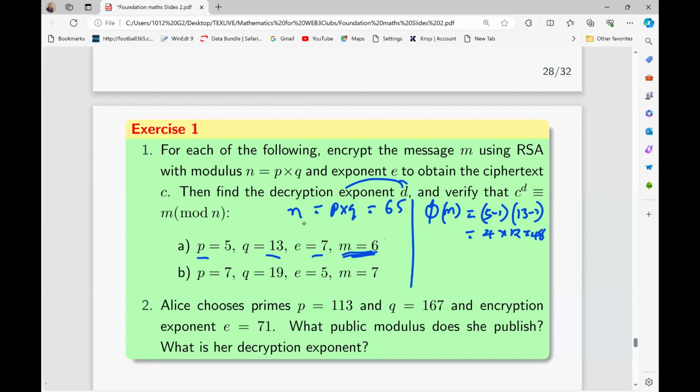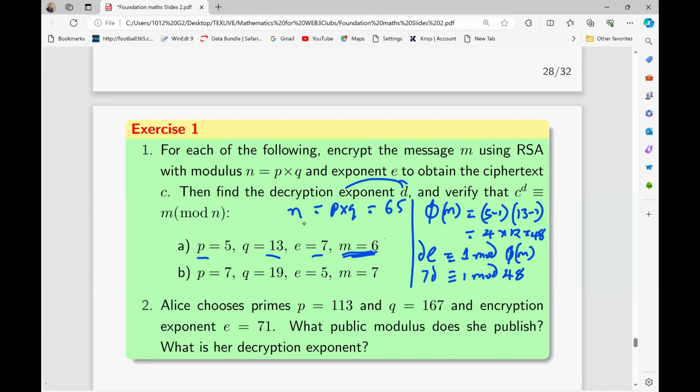Now you find D. How do you find D? Remember, D times E is congruent to 1 mod phi of N. In other words, E has been chosen for us, so it's 7. D times 7 is congruent to 1 mod phi of N. Phi of N is 48.